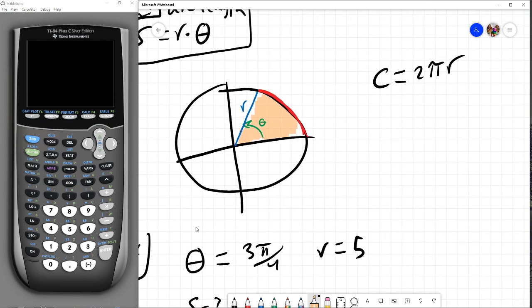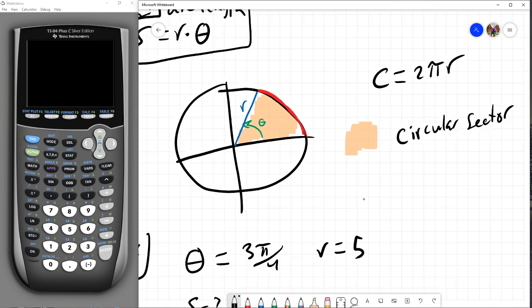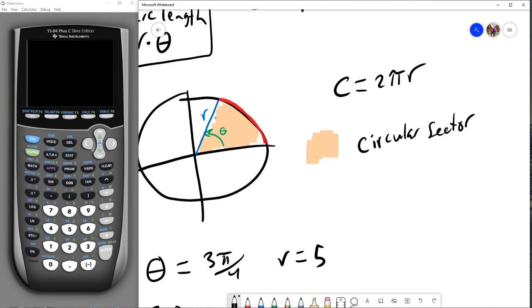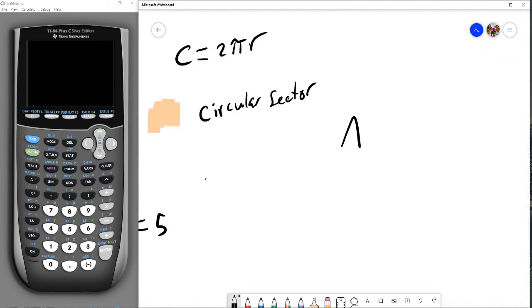So this shaded orange region, again, is a circular sector. Circular sectors, we can raise the question, how do we find the area of this, right? So what is the area of our circular sector? That is the question we want to think about.